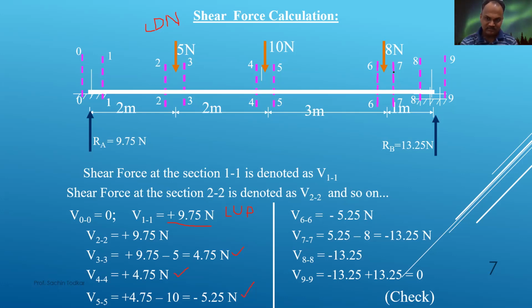At section 7 again, left downward is negative, so 5.25 minus 8. Sorry, here the sign convention was missing: minus 5.25 minus 8 is equal to minus 13.25 Newton.